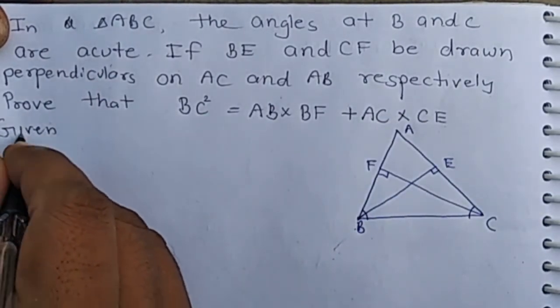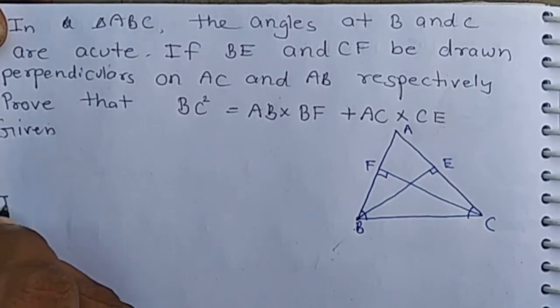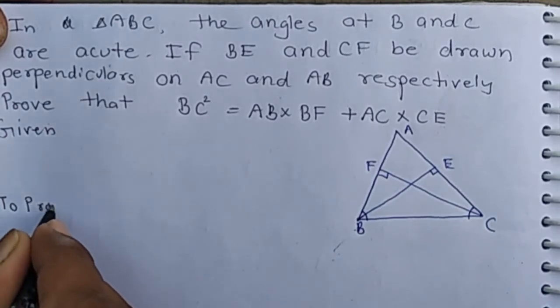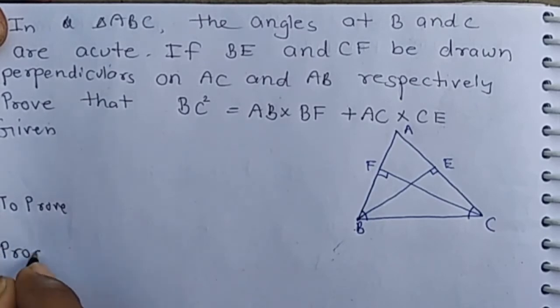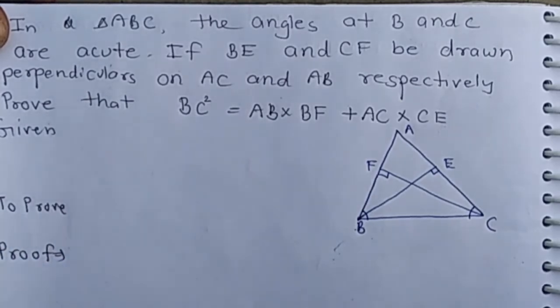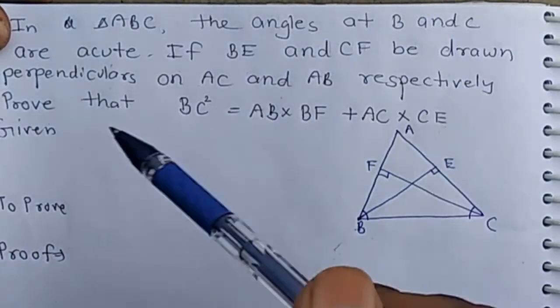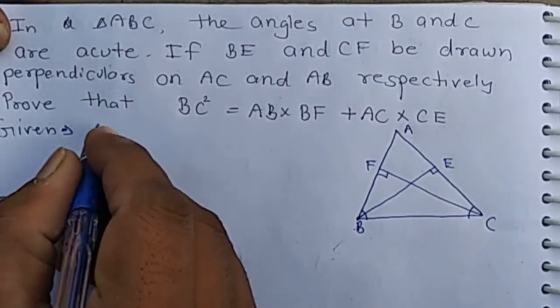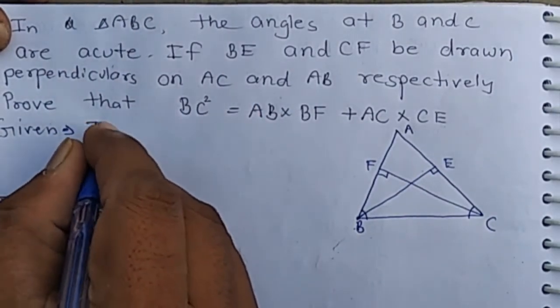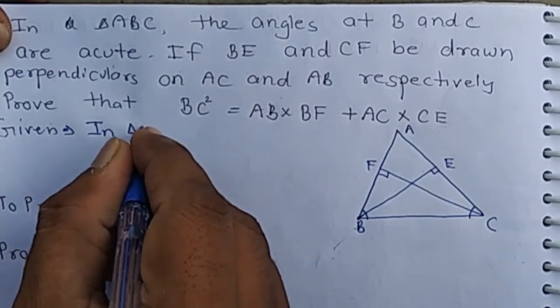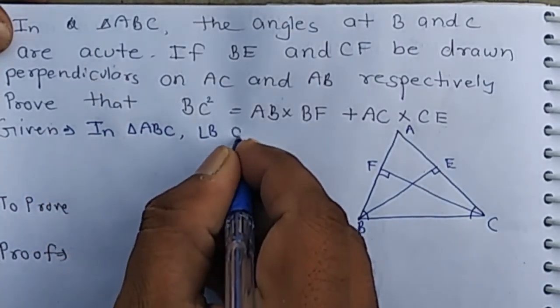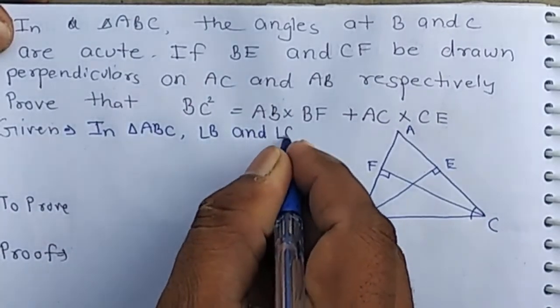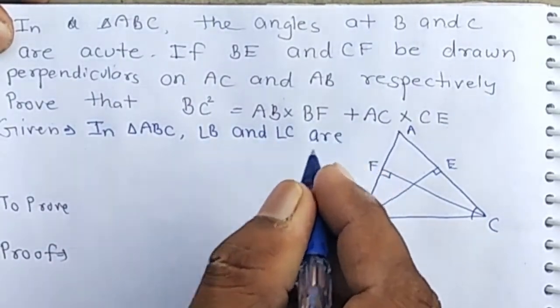Given: in triangle ABC, angle B and angle C are acute angle.